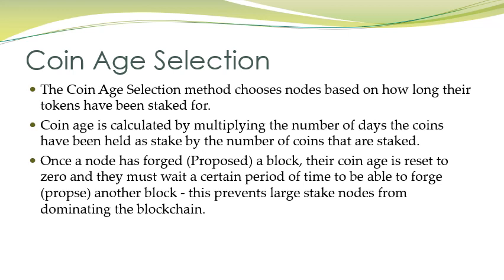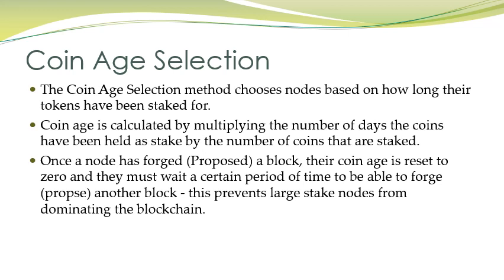And once a node has forged a block, once a node has proposed a block, their coinage is reset to 0. That means once that node has proposed a block, that node will not get a chance to propose a block next time.